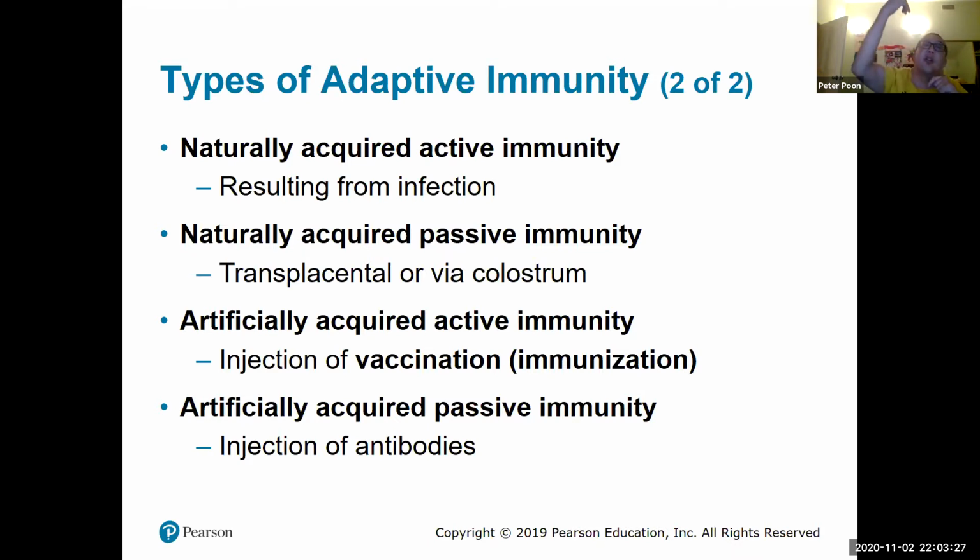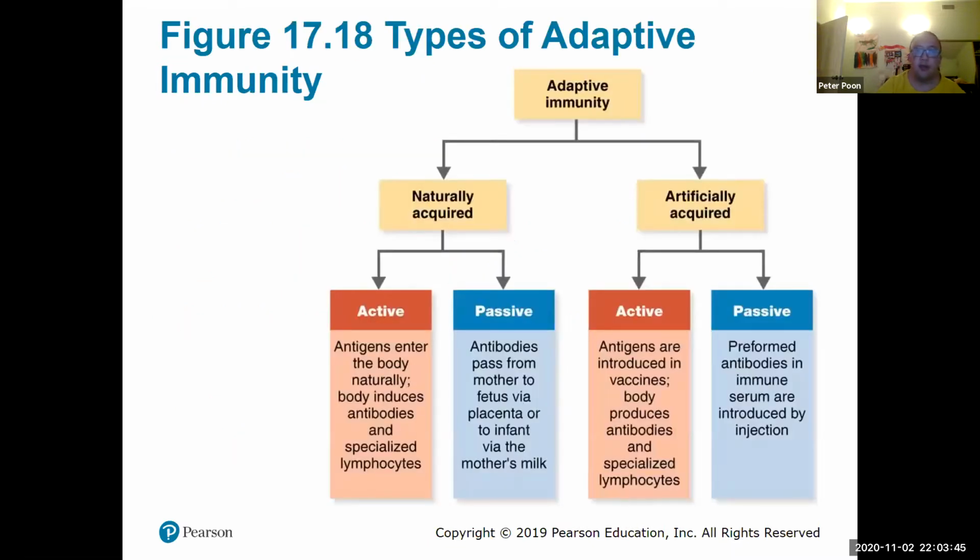If you get the virus or get a bacteria inside you that's replicating and stuff like that, then that is active immunity because you're actively fighting it off. So here you can read all these. Make sure you understand these guys because it doesn't show up on the test.